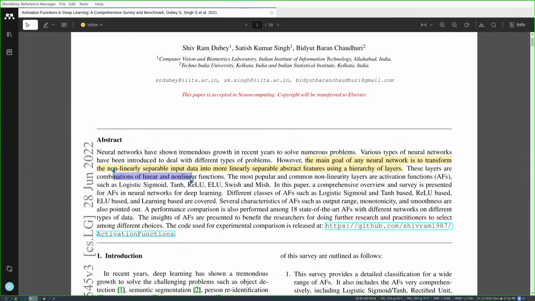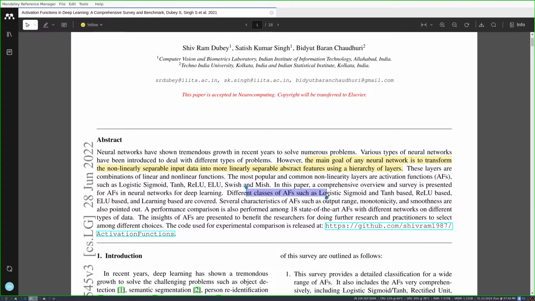These layers are a combination of linear and non-linear functions. The most popular and commonly used non-linearity layers are activation functions such as sigmoid, tanh, ReLU, ELU, Swish and Mish. In this paper, a comprehensive overview and survey is presented for activation functions in neural networks for deep learning.